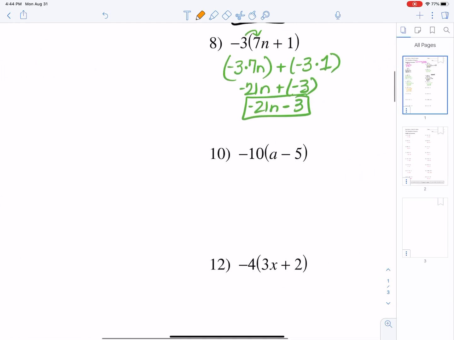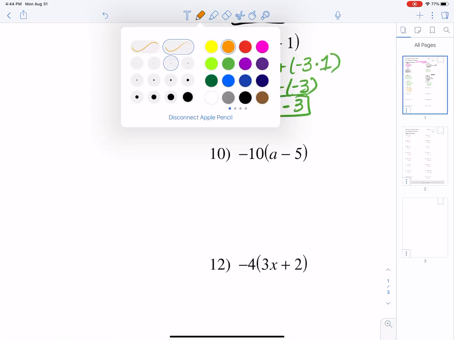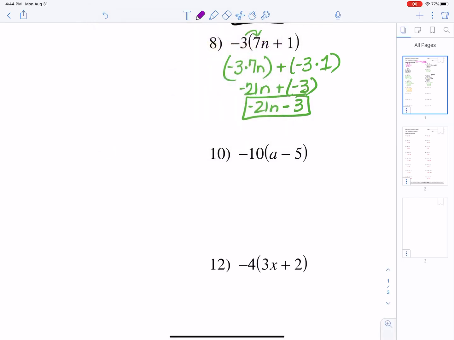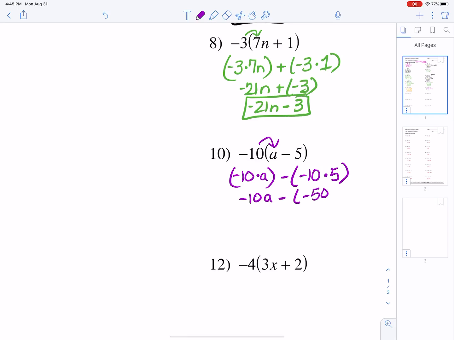One more. We're dealing with these negatives. Well, they're not nasty negative numbers, just different. -10 times a minus -10 times 5. All right, so this will be -10a minus -50.